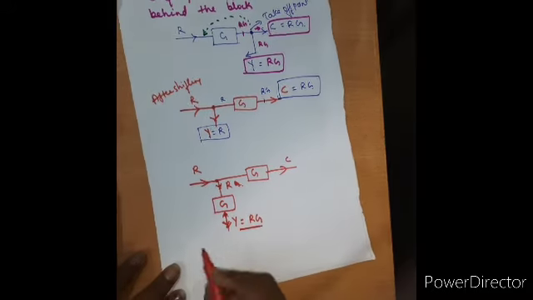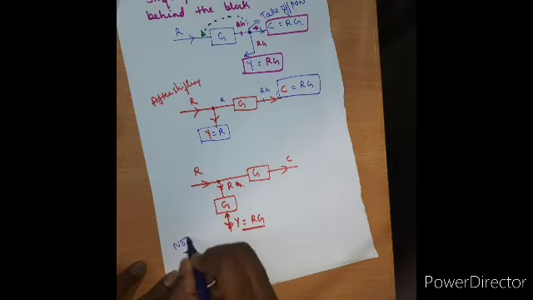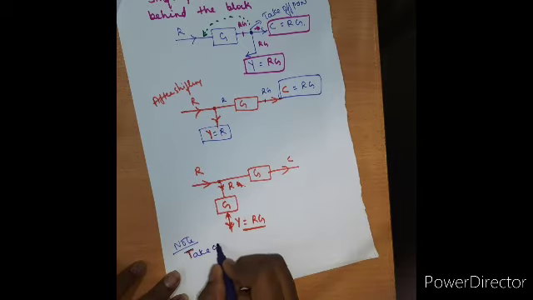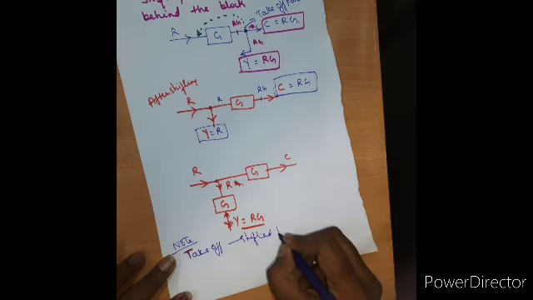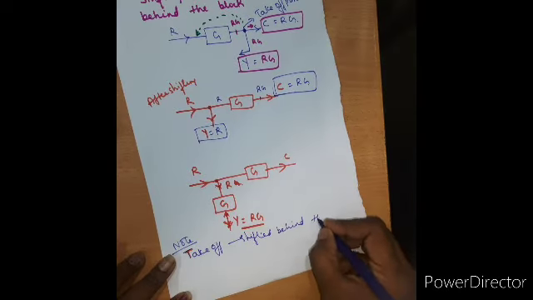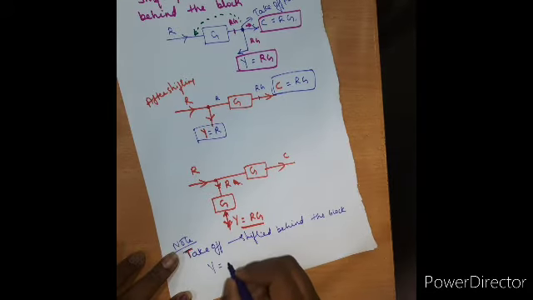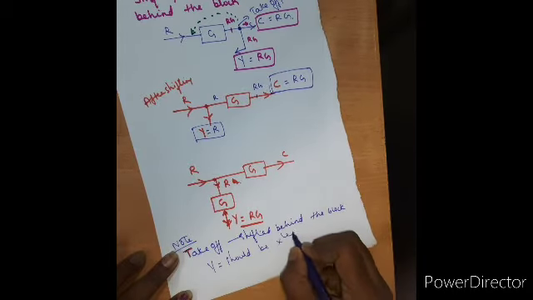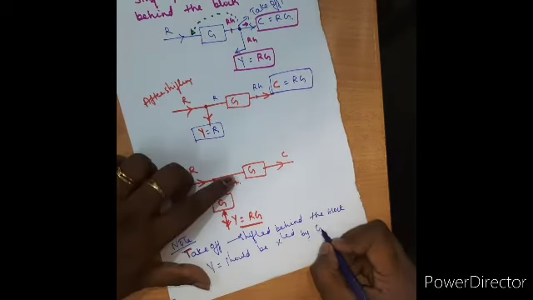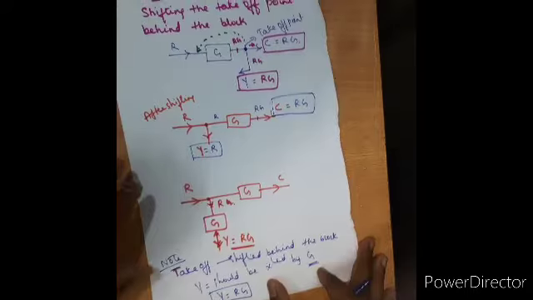So note, when the takeoff point is shifted behind the block, then Y should be multiplied by a block of G in order to get the output as Y is equal to R into G. Okay, this is rule number 6.